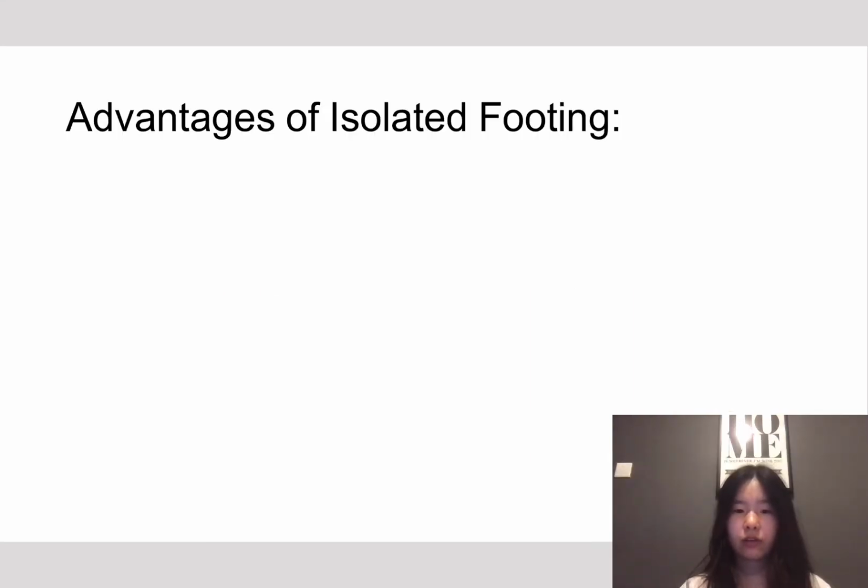Advantages of isolated footing: first, it is economic when posts are placed far apart. Workers with little or no knowledge can easily construct it. Excavation, formwork, steel placement, and concrete placement are all easy, and it uses less material than other foundations.